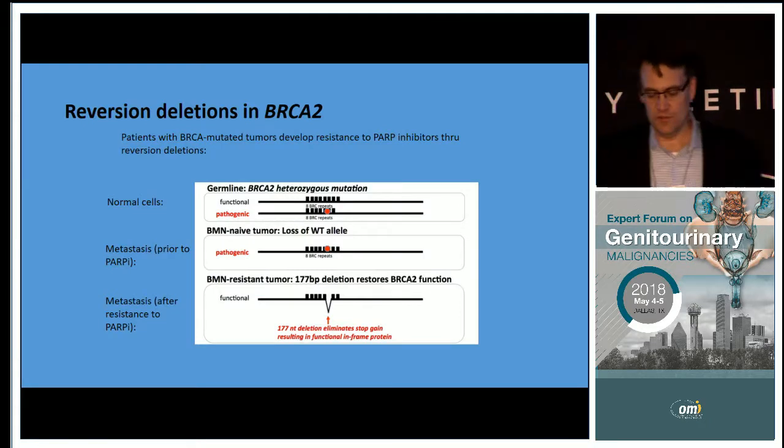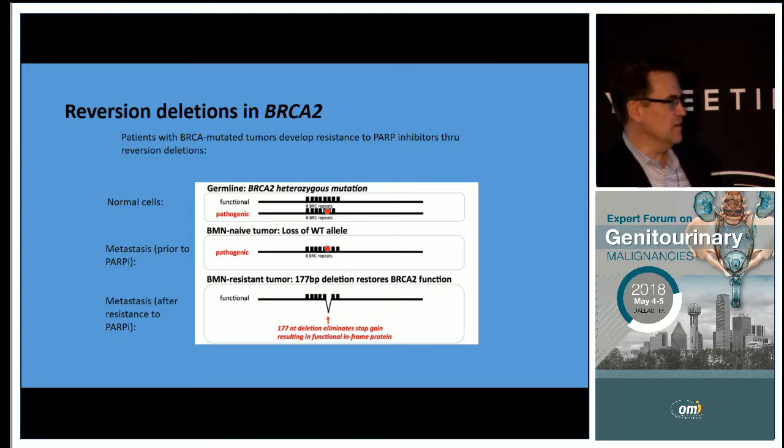Through collaborating with Alex Wyatt and our West Coast Dream Team, we have been able to uncover some potential mechanisms of resistance to PARP inhibitors, and I think it's really very fascinating, so I thought I'd bring it up.